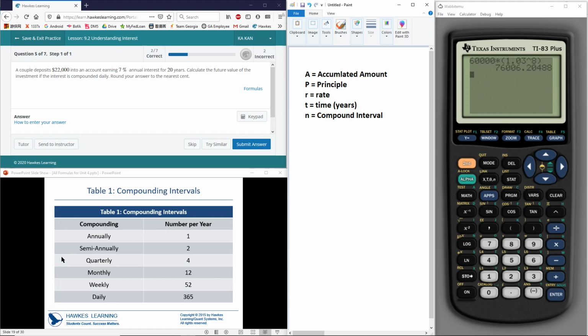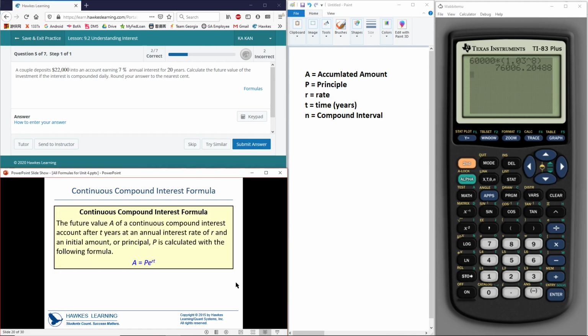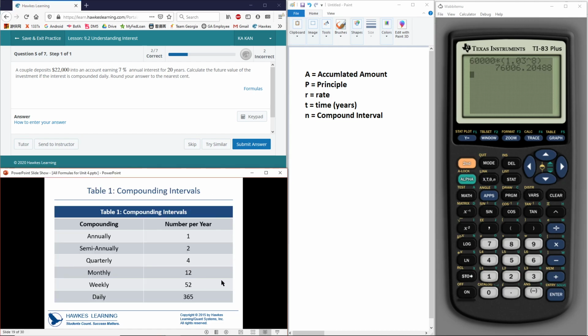This is a table that says if it's annually, then it's 1, because if you compound annually, that means you compound your interest once a year. Semi-annually, twice. Quarterly, 4. Monthly, 12. Weekly, 52. Daily, 365. We don't count leap years, so we just say 365. And if you're doing banking, that's 360.